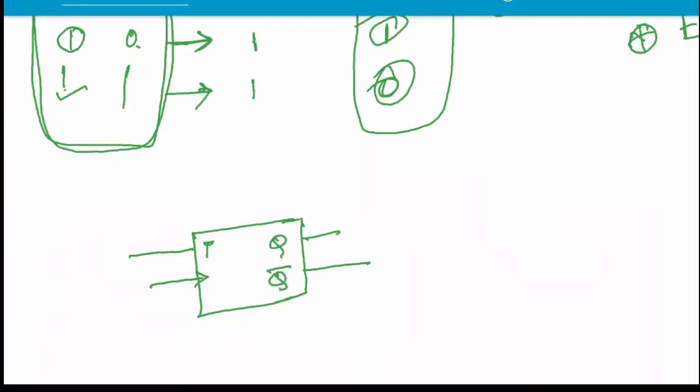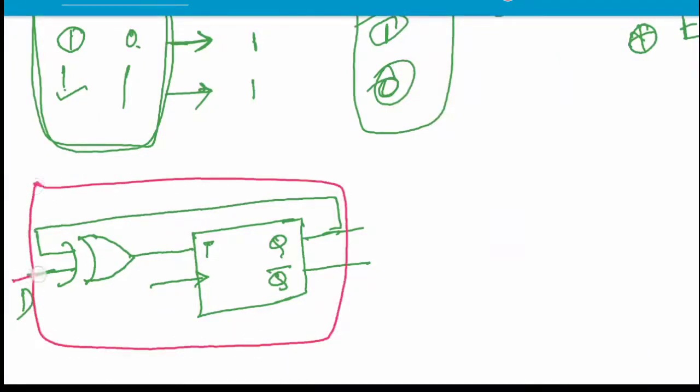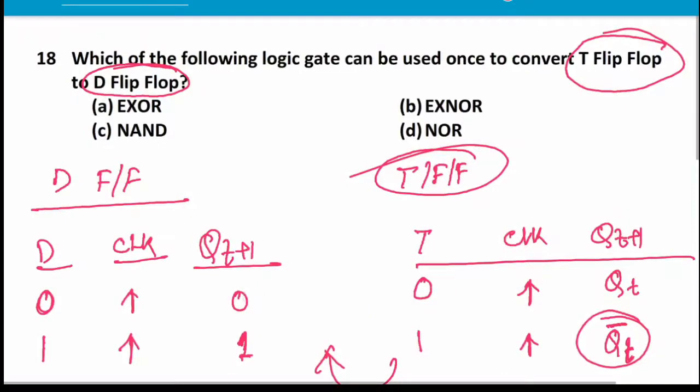So here we have to connect an XOR gate. The XOR gate has two input terminals, one is the Q terminal and another is D. So the whole thing is converted to a D flip flop. Here is the D terminal, here is the clock, and here are Q and Q bar. So the answer here is XOR.